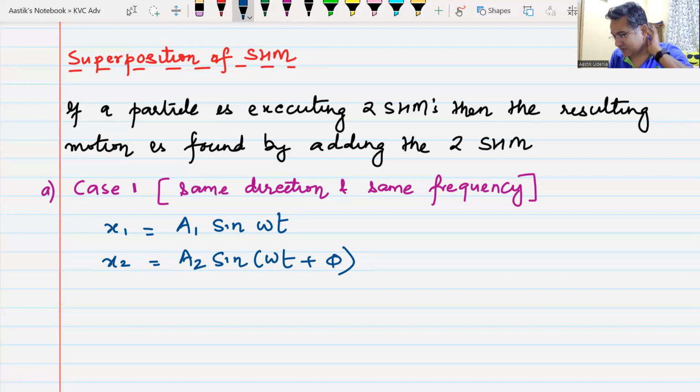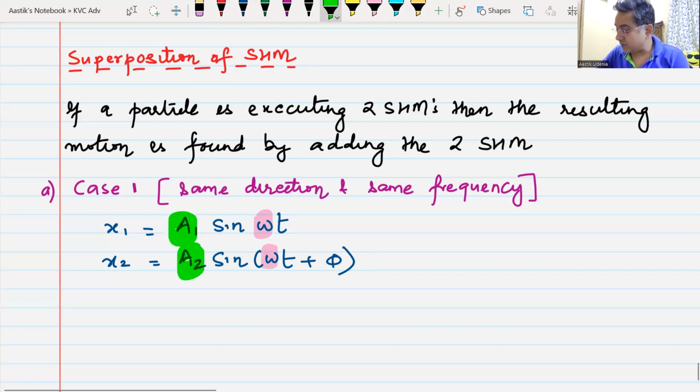What is taken as same and what is taken as different? Amplitude and phase, sir. Yes, you can see this omega, the angular frequency is taken as same. But if you talk about the amplitudes and the total phase of the particle, the two SHMs are not having the same amplitude and they are also not having the same phase.